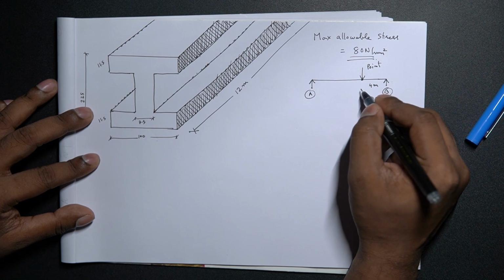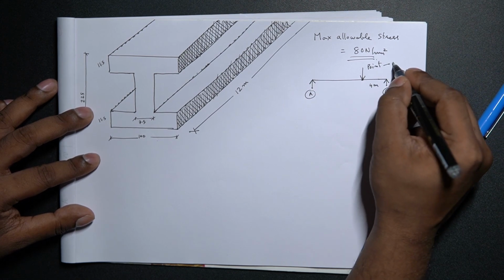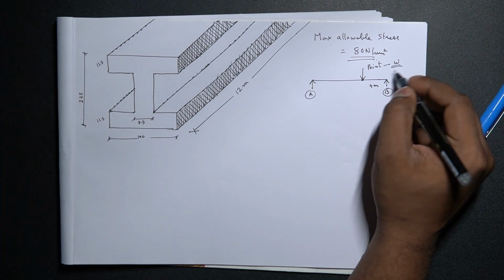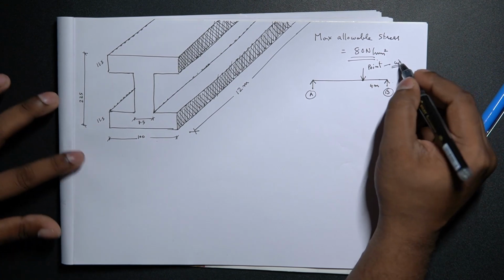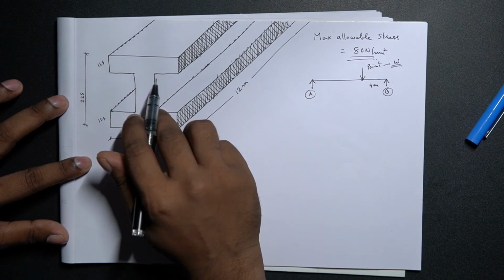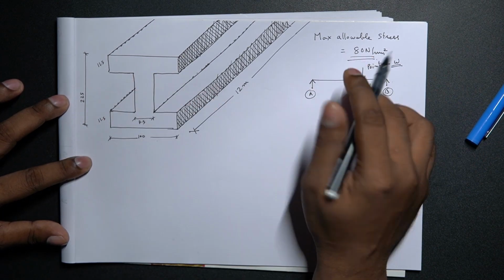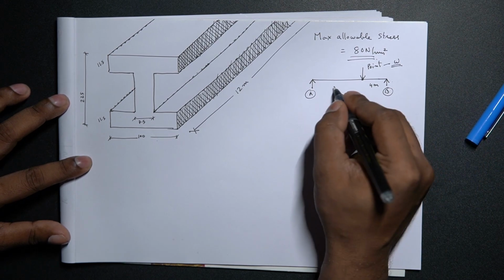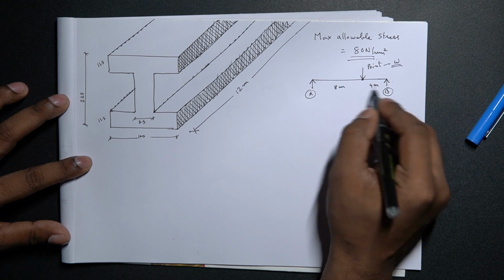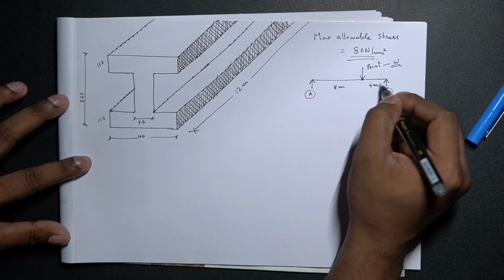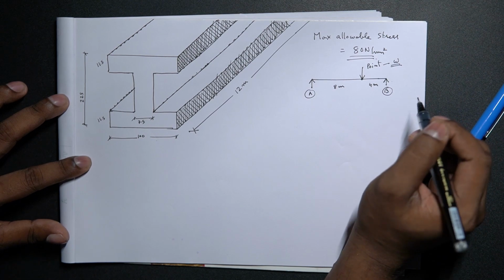What would be the magnitude of this load W? This is the question that is asked. We need to calculate the magnitude of the concentrated load for a given I section's geometry and its maximum allowable stress. The 12 meters I have just split into 8 and 4, where the point load is acting 4 meters away from point B.